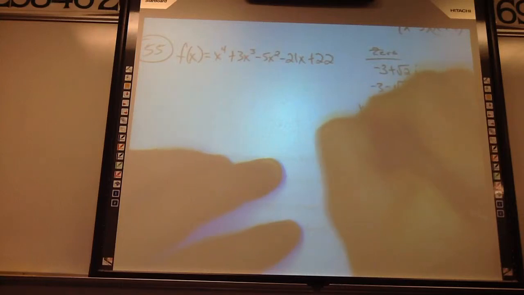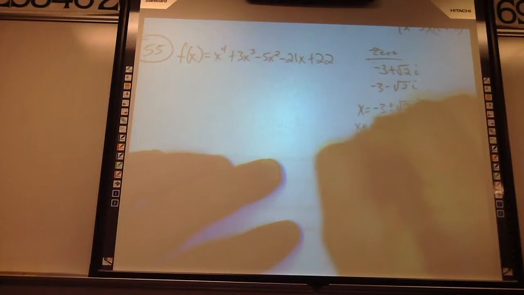There, x equals negative 3 plus or minus square root of 2i, add 3, square both sides.